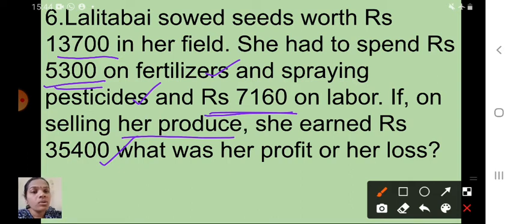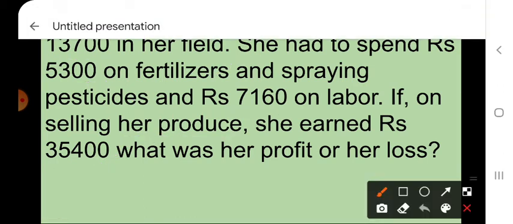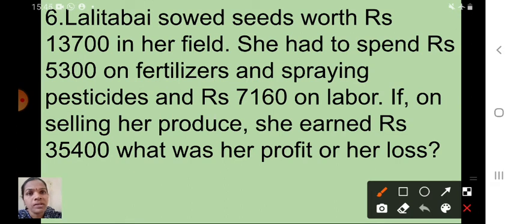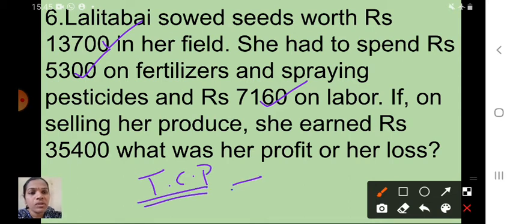Okay, what was her profit or her loss? We have to find. So children, it's so easy. First we have to find total cost price. This one, for fertilizers and pesticides, for labor. These three things we have to add. Afterwards what? So you will find total cost price. So next one, based on this total cost price, you will find that profit or loss.